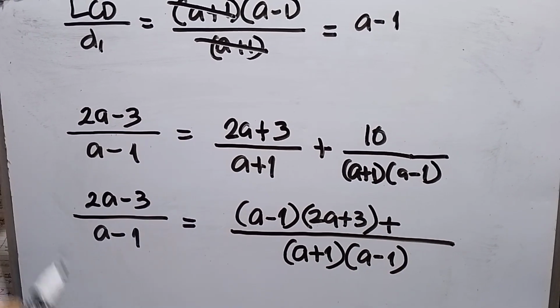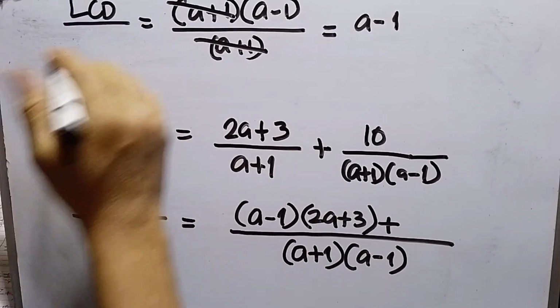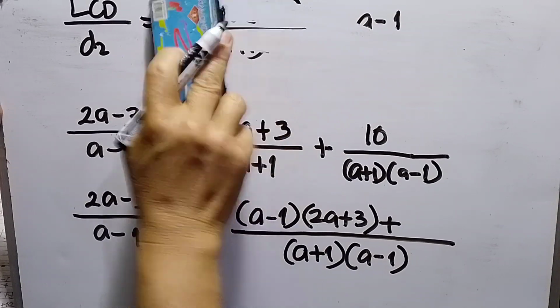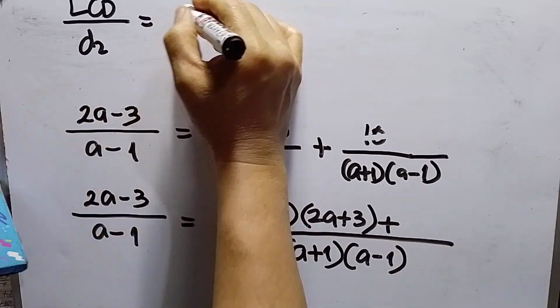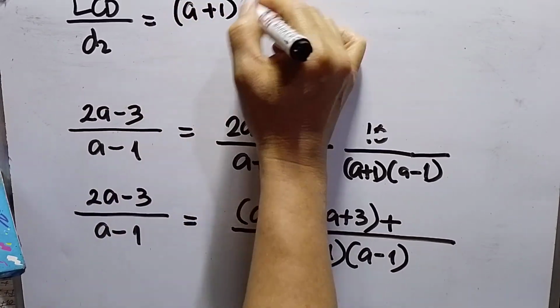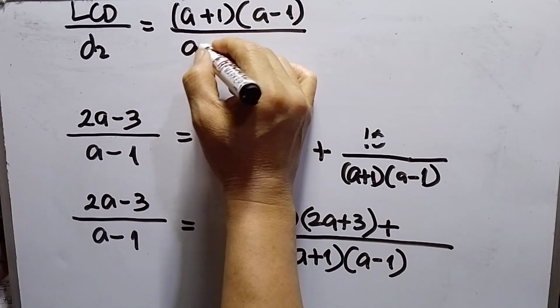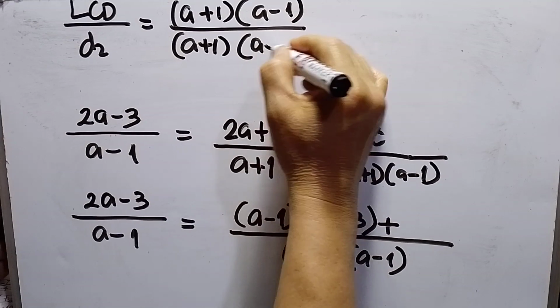Next is the LCD divided by denominator 2. So the LCD, (a + 1) and (a − 1), is divided by (a + 1) and (a − 1).